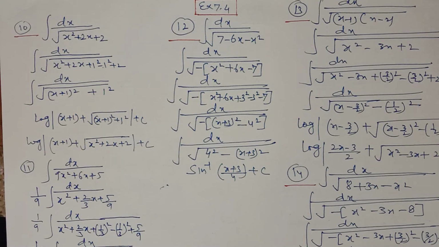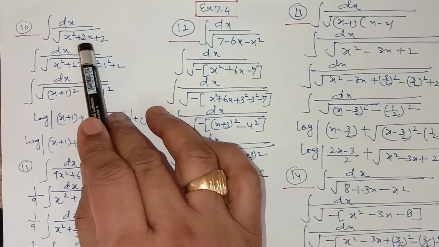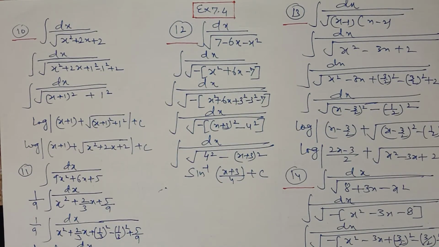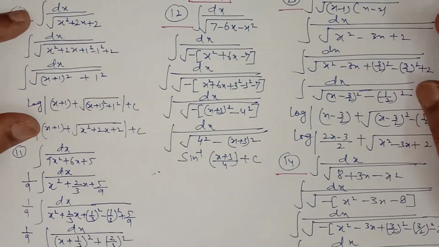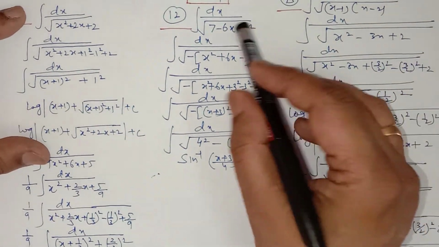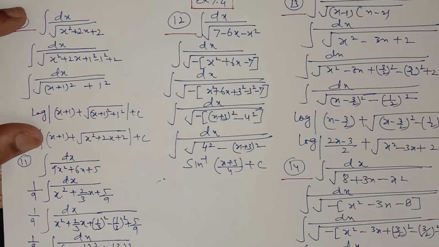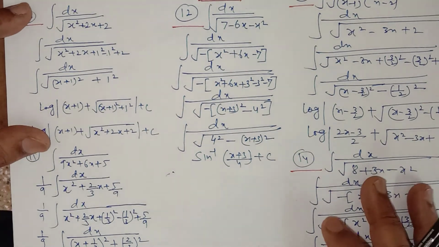Whenever we have a quadratic polynomial in the denominator, either in the square root or not in the square root, we have to make it a perfect square, and then integrate. The second type of question after this, question number 11, is linear upon quadratic type questions. You have a fixed method to do those types of integration. I'm telling you one, and we'll discuss the remaining questions in the next lecture.